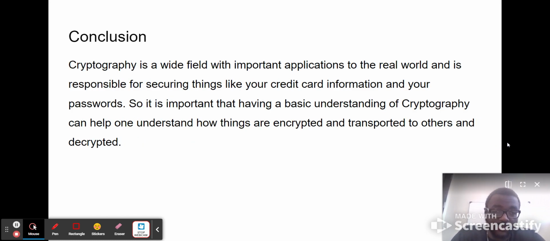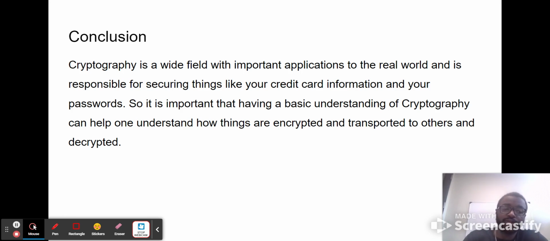Right? So, in conclusion, cryptography is a wide field. It's a huge field with important applications to the real world: military, intelligence agencies such as the CIA and various other intelligence agencies that are out there as well. Very, very important stuff.